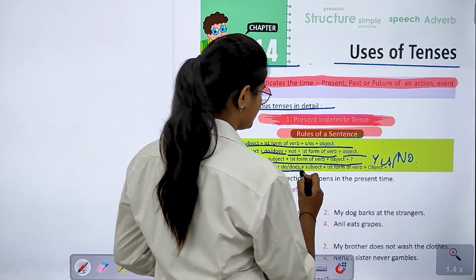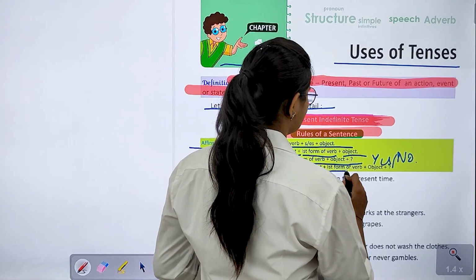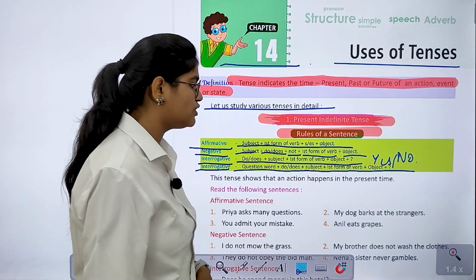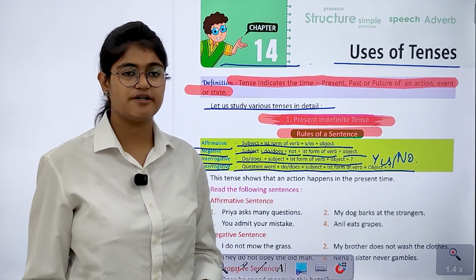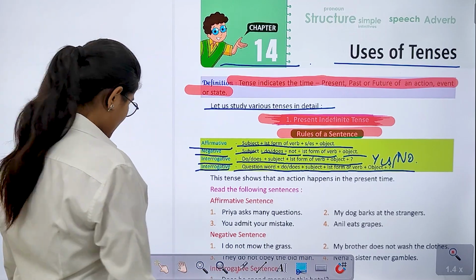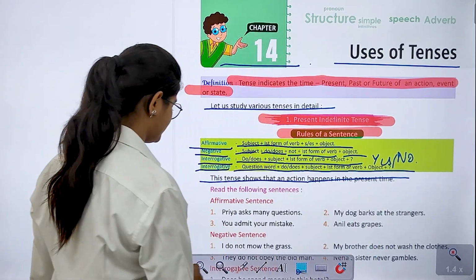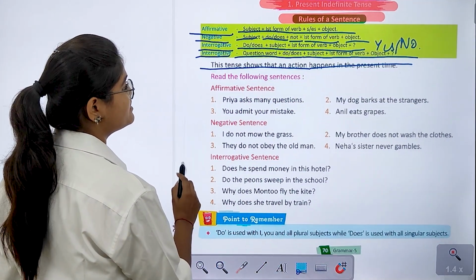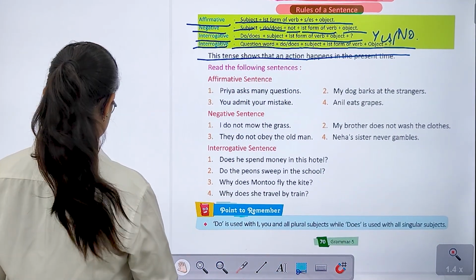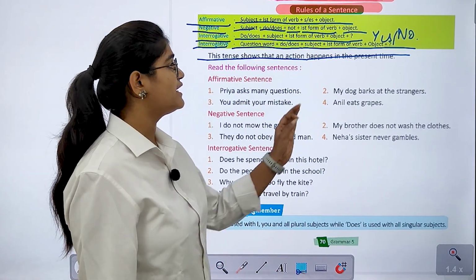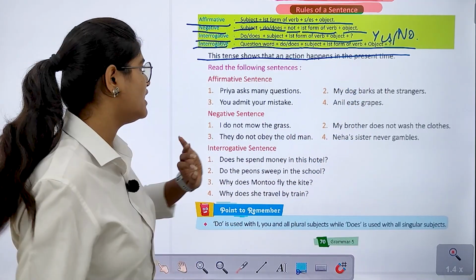Now interrogative, question word plus do or does plus subject plus first form of the verb plus object, right? After that, next they say this tense shows that an action happens in the present time. Now this tense tells us that any work is happening in the present time.